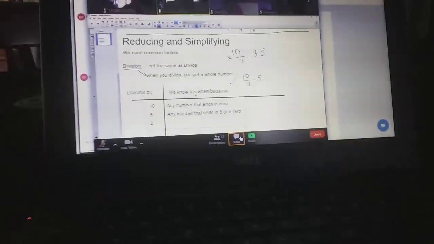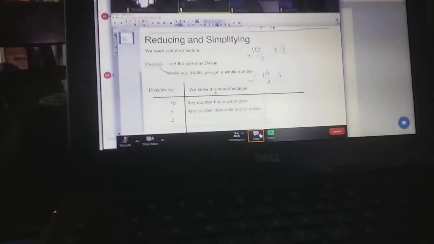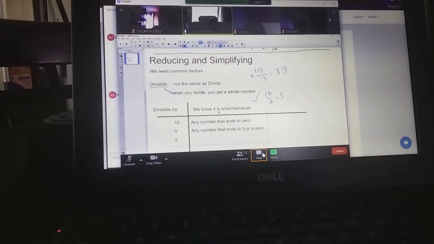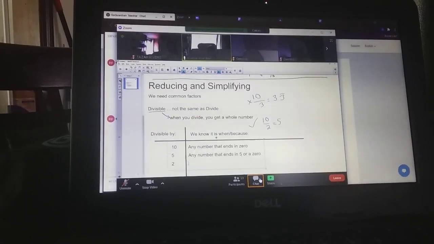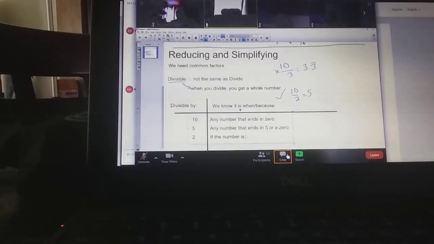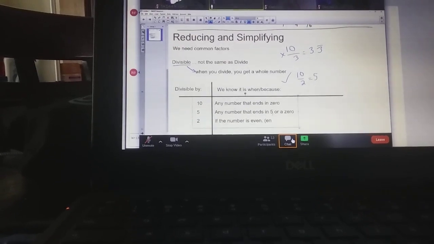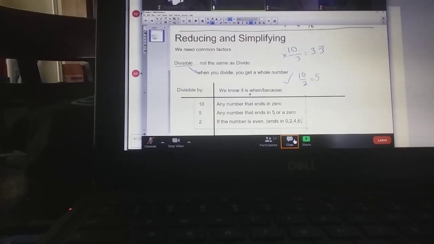This is one that most of you already know. How do you know if you can divide a number by 2 and you get a whole number? Yeah, good. An even number. If the number is even. Ends in 0, 2, 4, 6, or 8.